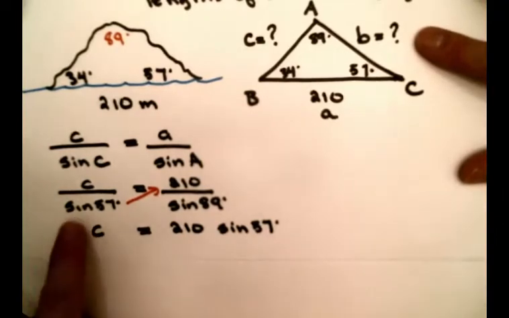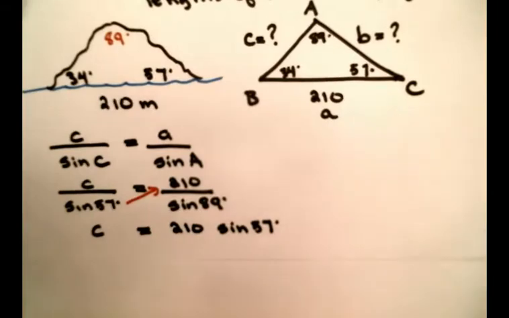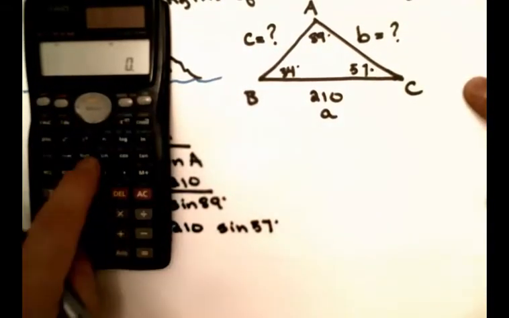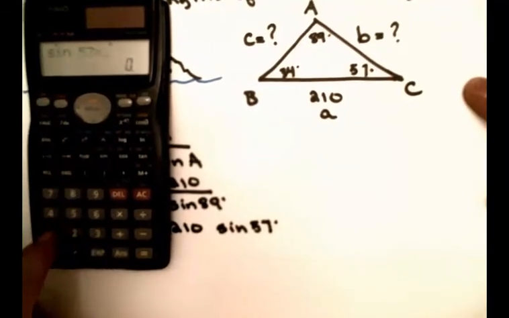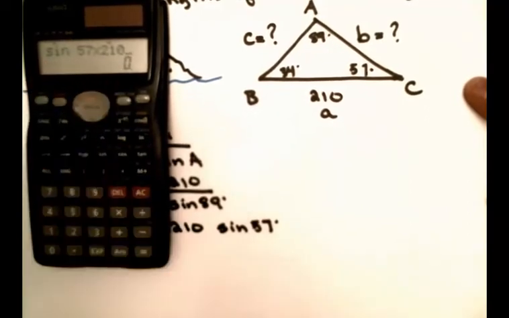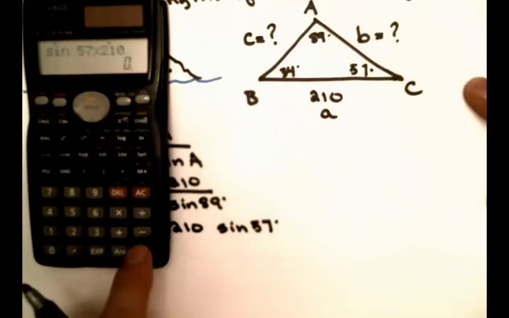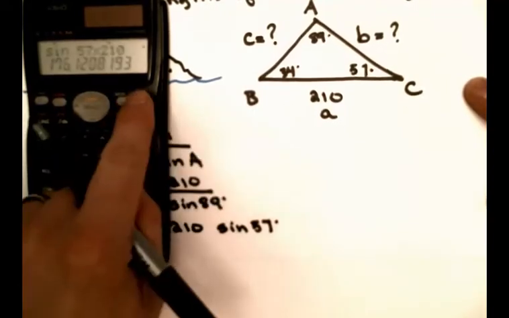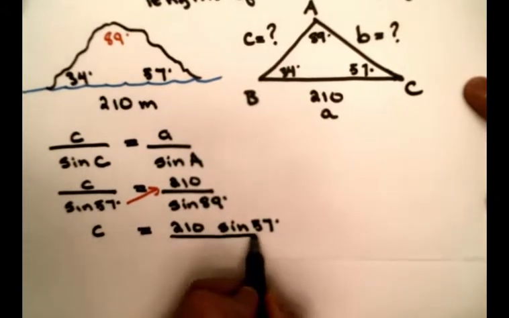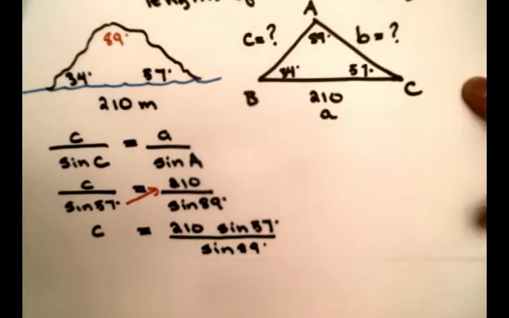You want to avoid writing sine 57 degrees times 210, because your calculator will think you want to do sine 57 times 210, and it'll take the sine of that number. So you want to write 210 before, and this will not give us an answer we're going to want to use. And don't forget, you're still dividing that by sine 89 degrees.